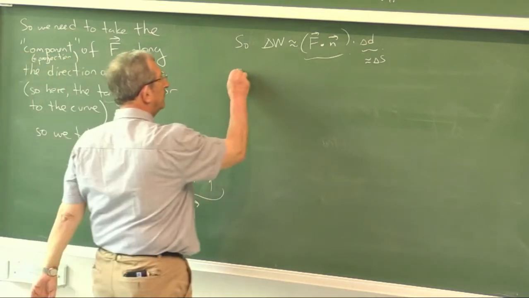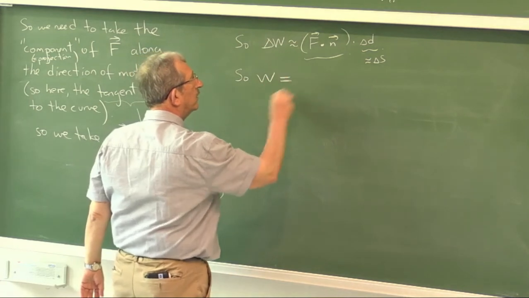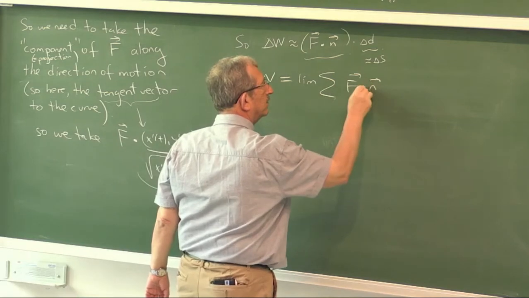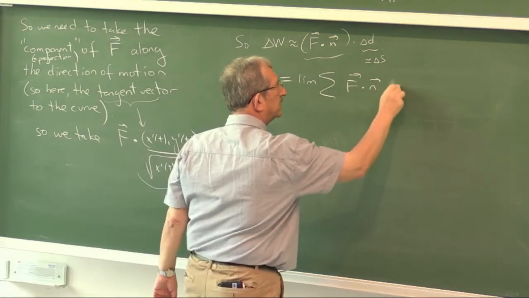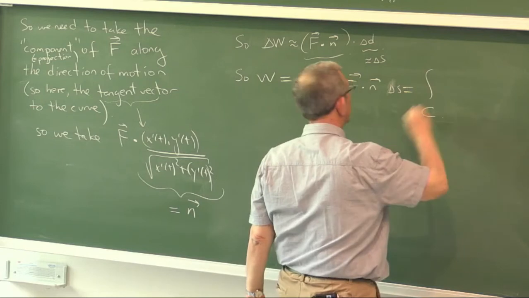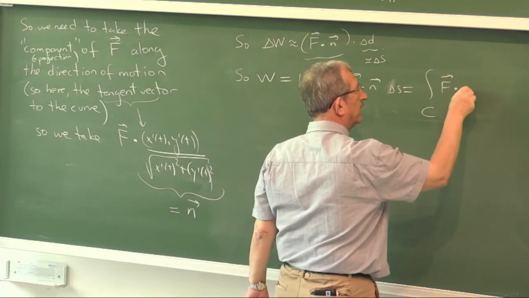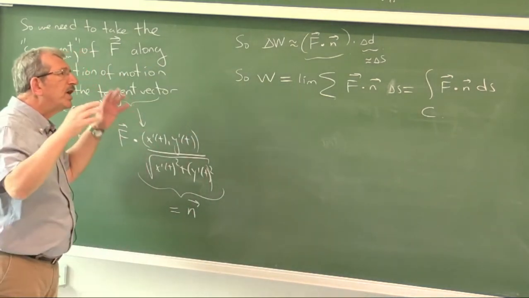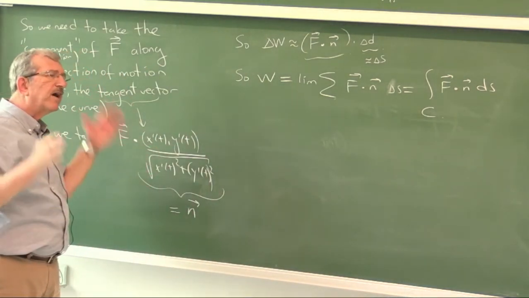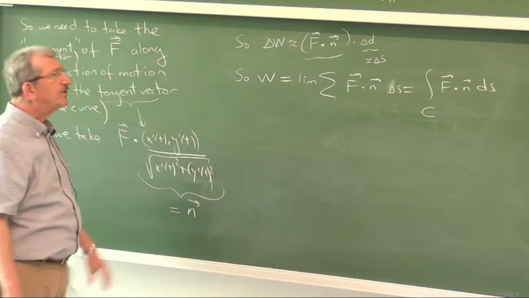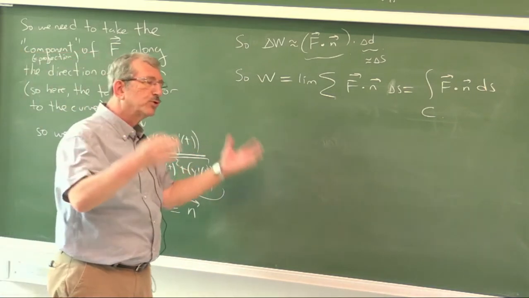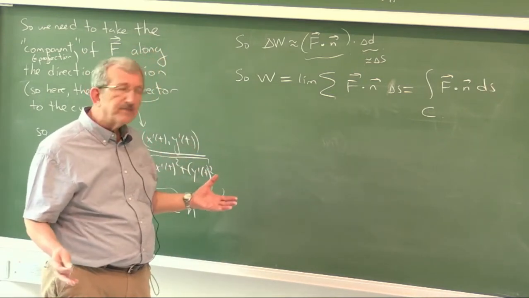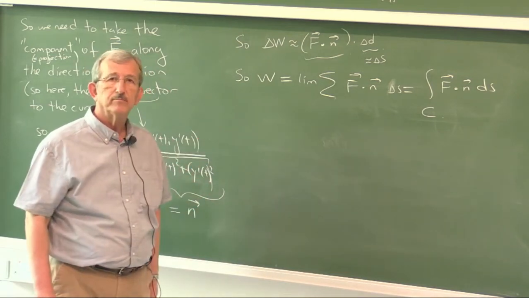But then the work total would be the limit of the sum of f dot n delta s. In other words, it would be the line integral f dot n ds. So, in the most general formulation, when f is a vector, its direction is not in the direction of motion, the body moves on a curve, and f is not a constant vector, this is the work done.